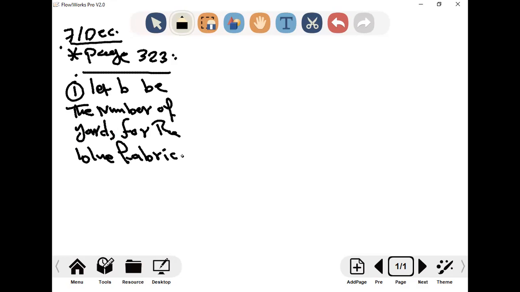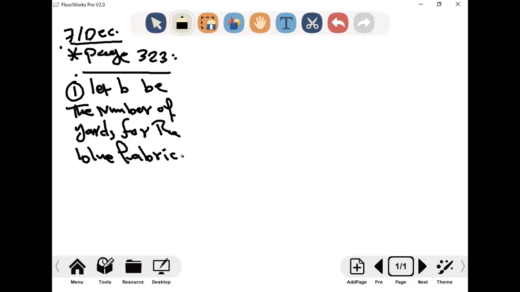Now let's revise the question. We have how many scarves? 6 scarves. The purple, how much? 1 and 1/4. Do we know the blue? No. Each scarf needs both colors, purple and blue.